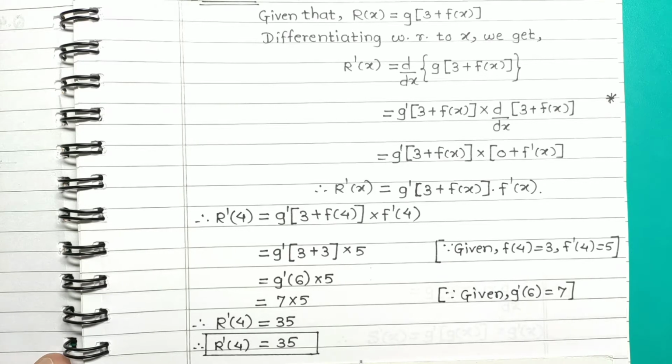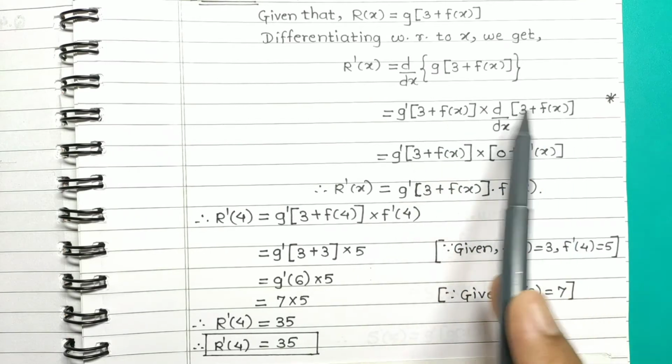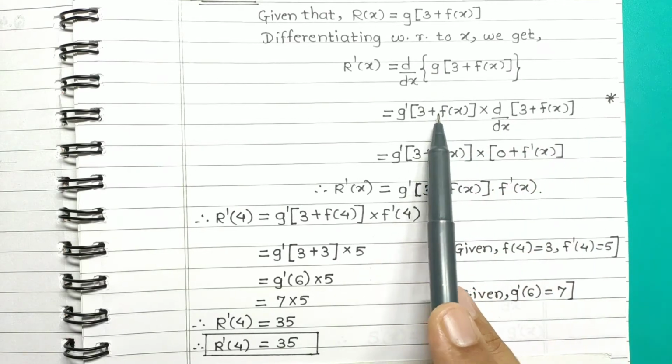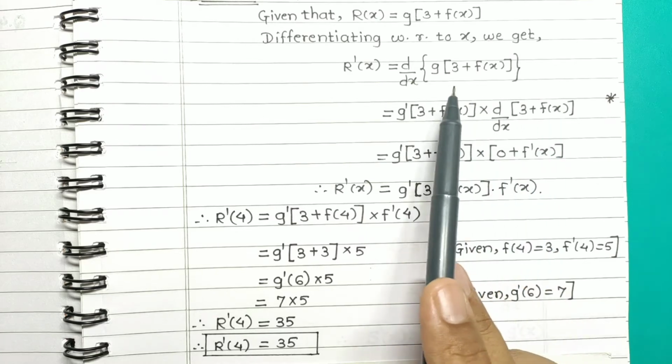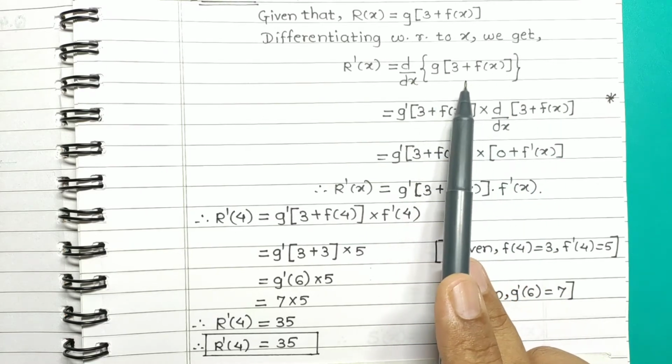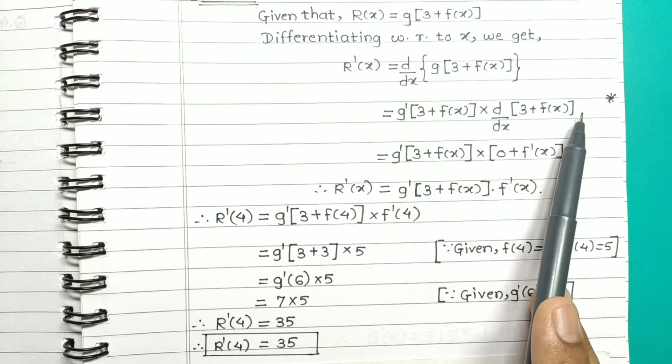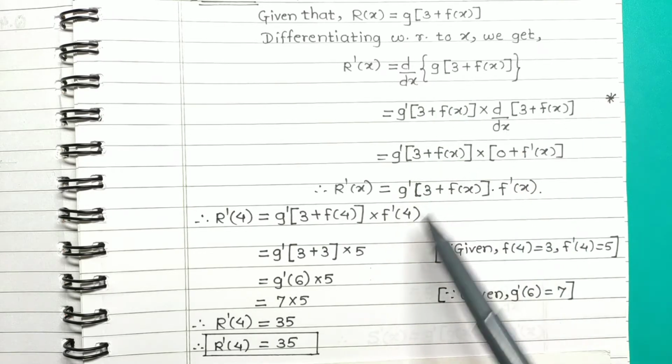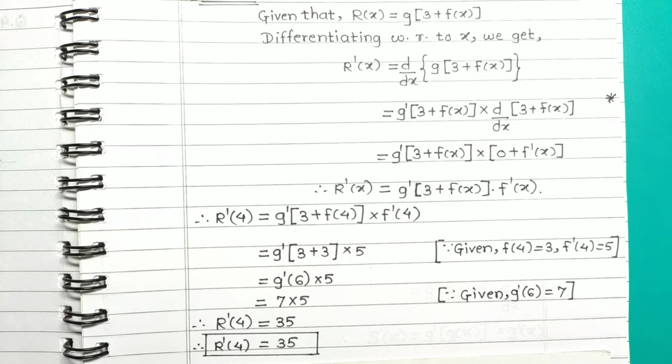These are simple calculations. You just must know the application of chain rule, how to apply chain rule, how to calculate derivatives of such composite functions. Note this step here properly. Then the calculations are easy.